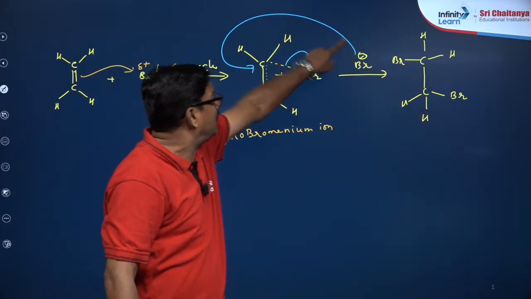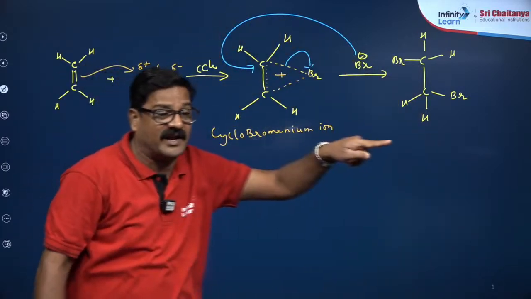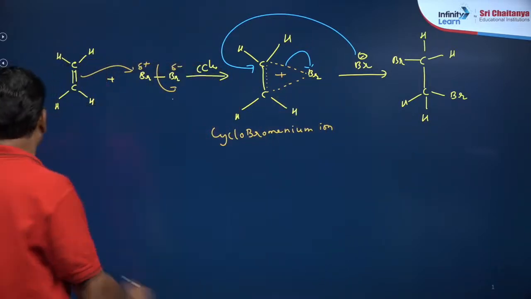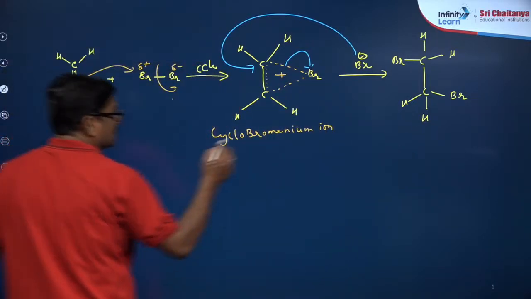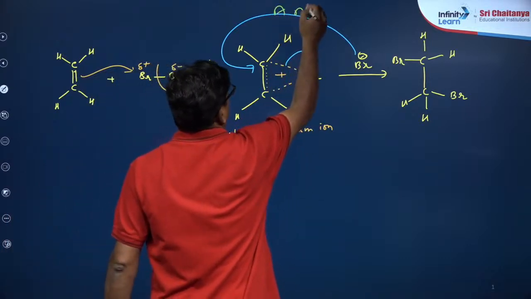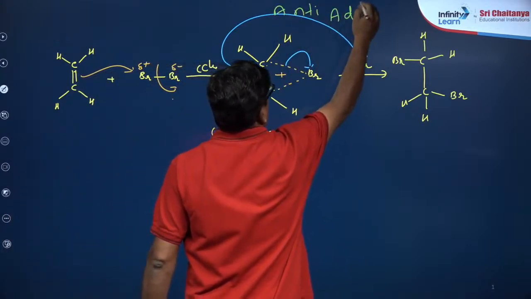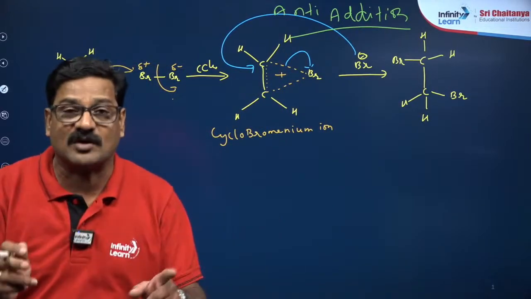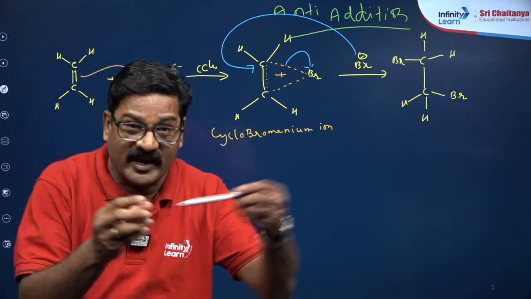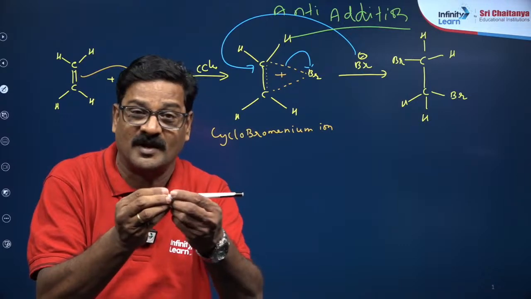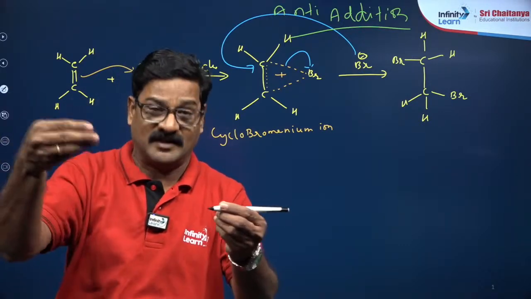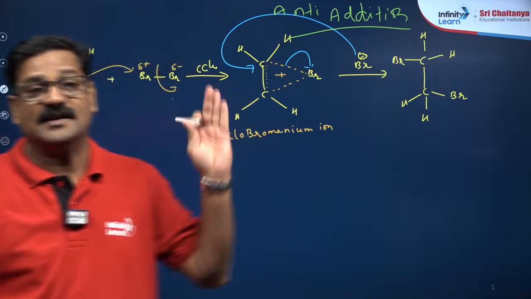As the bromine is attacking from the back side or rear side, this process is called anti-addition. The term is very very important. Why is it called anti-addition? One bromine attacked from this side and one bromine attacks from the opposite side. This is what you call anti-addition.